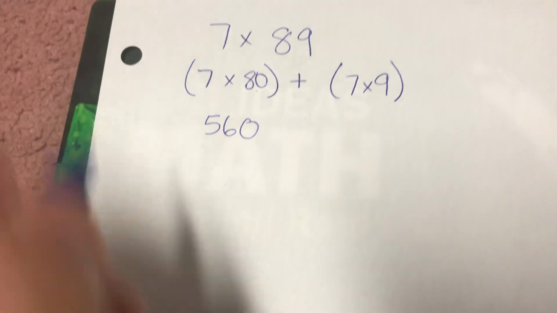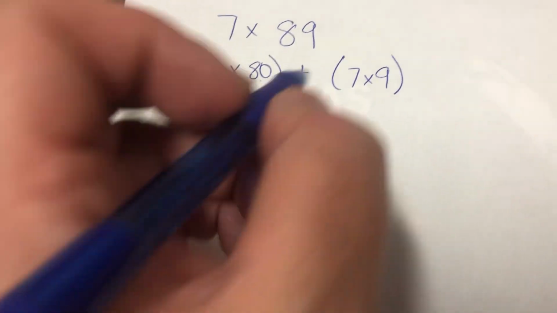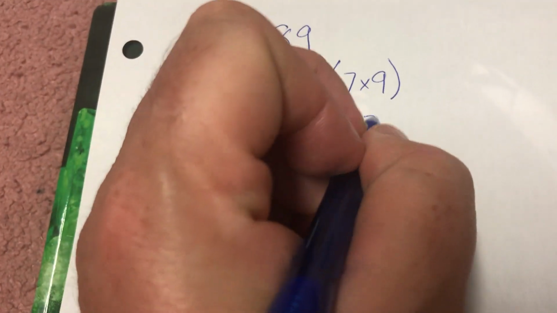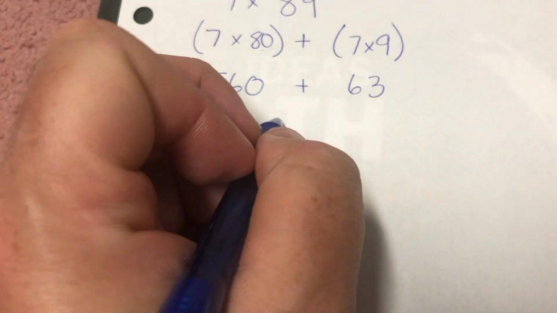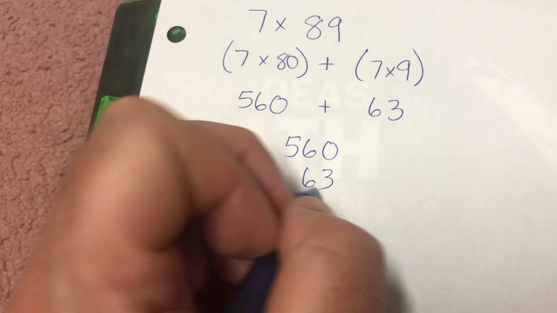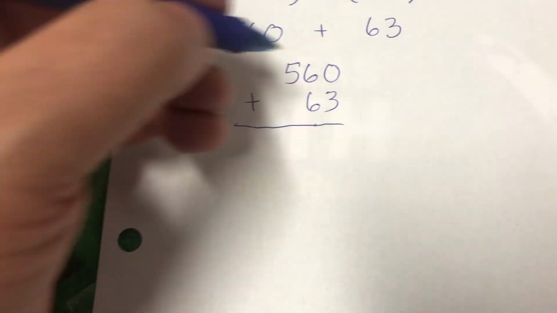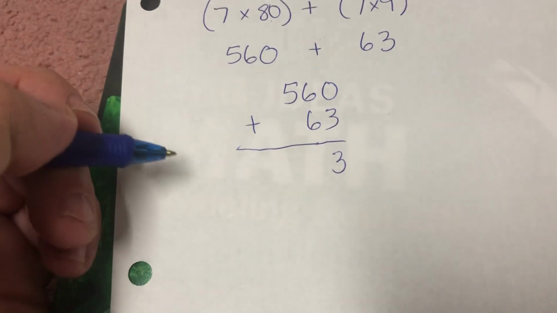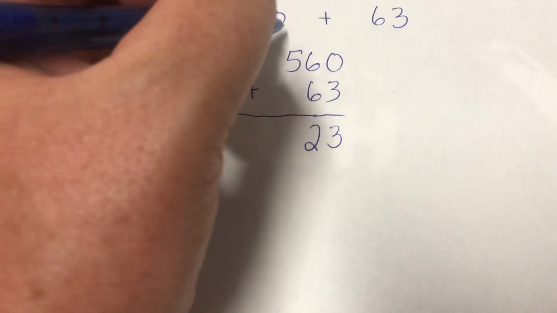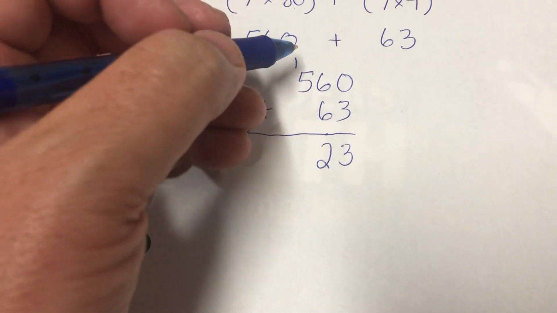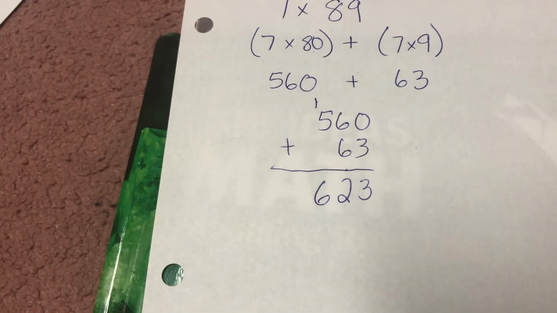Add the 0, put that in. 7 times 9, well, I should know that that's 63. And then that leaves me with 560 plus 63. And I just go ahead and add those. 0 plus 3 is 3. 6 plus 6 is 12. Put the 2 down, carry the 1. 1 plus 5 is 6.